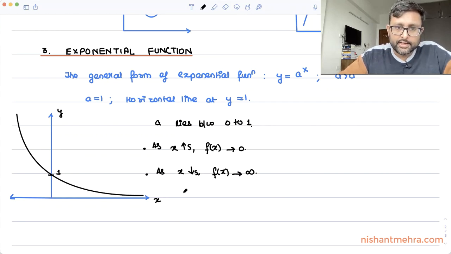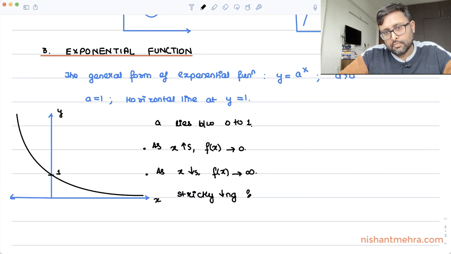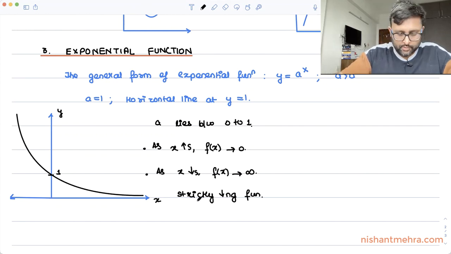It is a monotonically decreasing function. And the other thing is that it has a horizontal asymptote at y equals 0, at the horizontal axis. So it is not touching the x-axis, but it has a horizontal asymptote there.